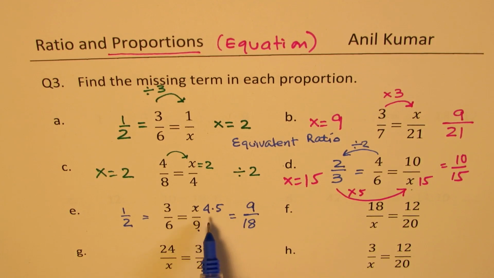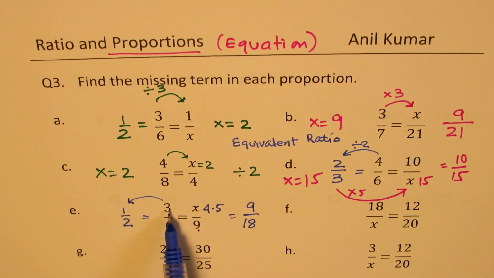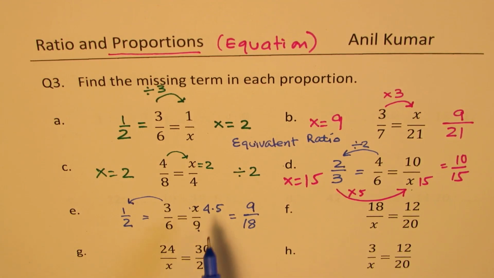Is that okay? Now this is not for you. We'll skip this portion. So we did half, equivalent to 3 over 6, and then we did half of 9 to get 4.5. But in ratios, we avoid writing decimals. That is not a good way of writing. So we'll treat this as a wrong question. We'll make this 18, right?